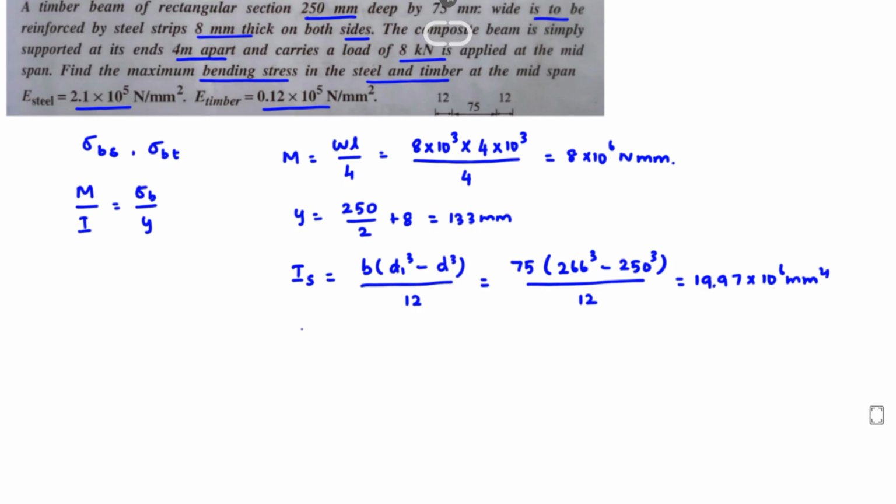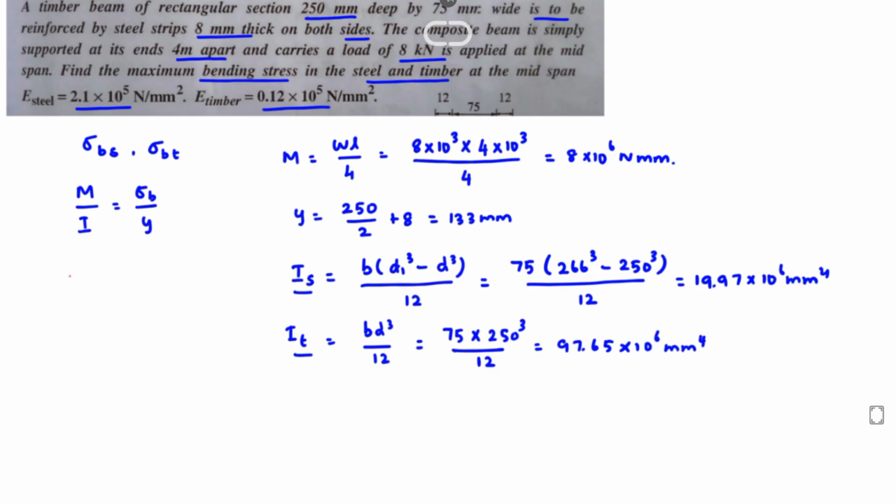Next we can find out the I value for timber, so this is for steel and this is for timber. For timber, it is b d cube divided by 12, where b is 75 into d is 250 cube, divided by 12. So now we get the value of 97.65 into 10 power 6 mm power 4.